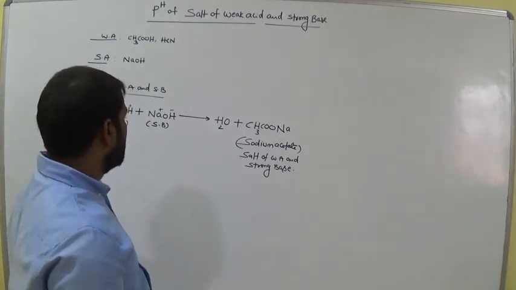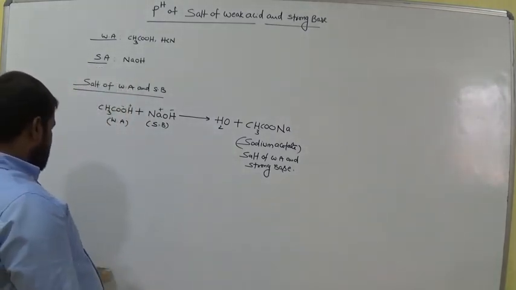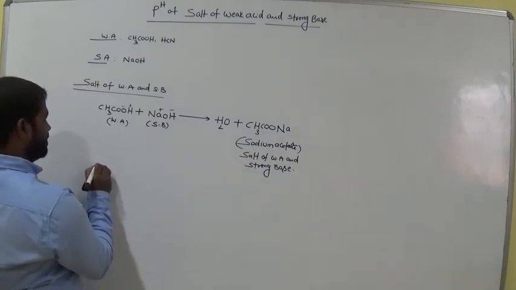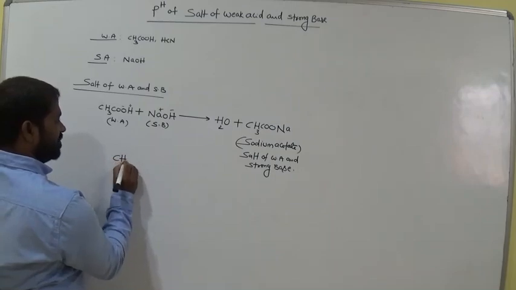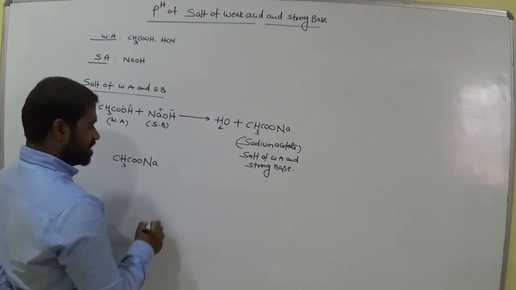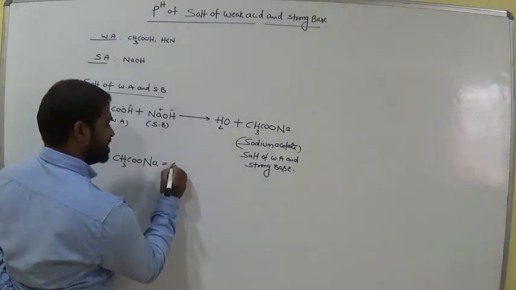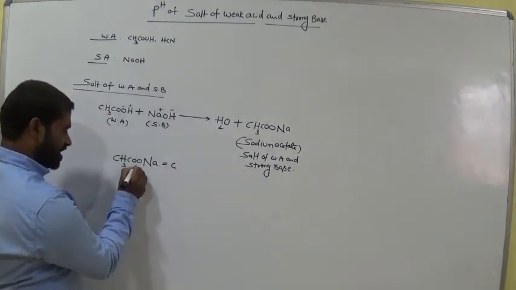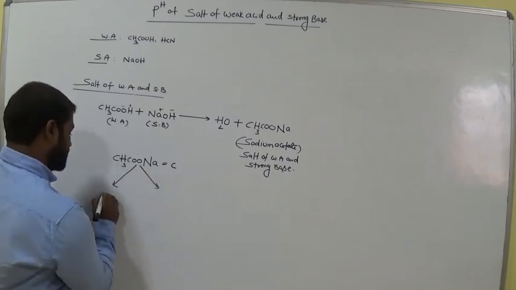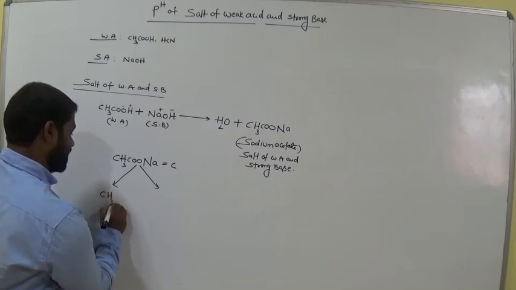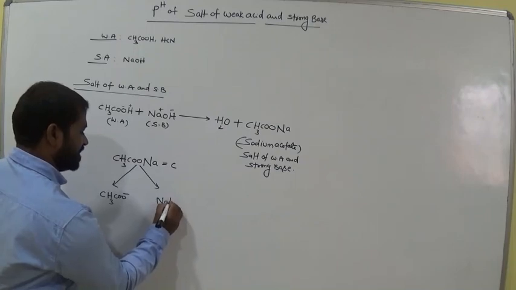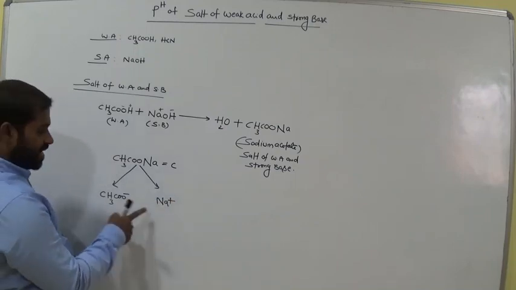Now this salt undergoes hydrolysis. Let's take CH3COONa, with its concentration taken as C. What are the ions present here? CH3COO minus and Na plus, the anion and the cation.